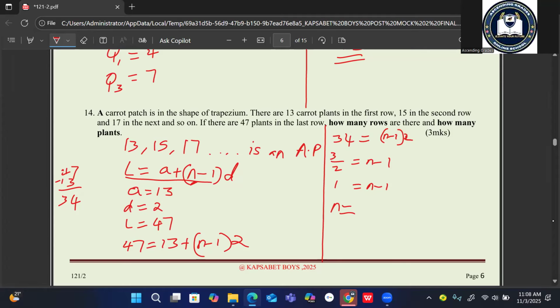This is 34. So 34 divided by 2 is 17. So n should be equal to 17 plus 1, which is equal to 18. So therefore, there were 18 rows.